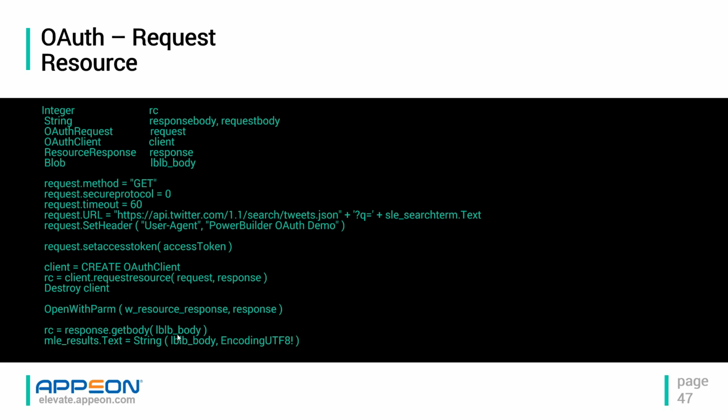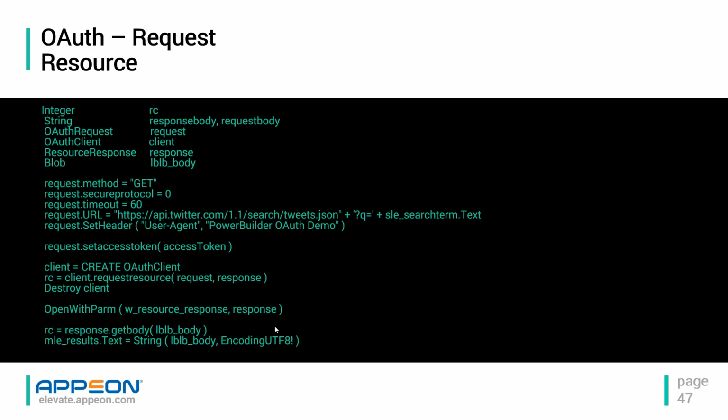That's a little bit of a difference in that PowerBuilder strings are normally UTF-16LE. If you take a string and just say blob on it, you'll get UTF-16LE.